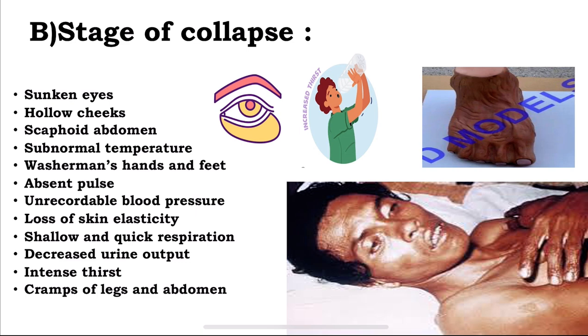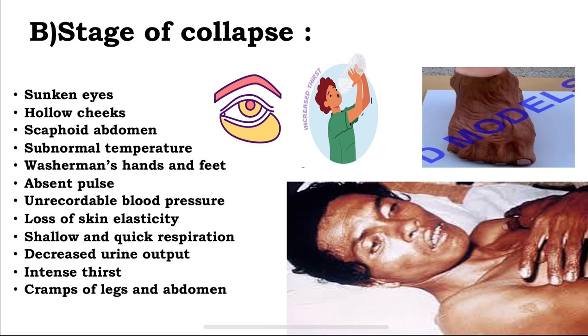Why does it occur? We also have unrecordable blood pressure, completely low blood pressure, weak pulse. The weak pulse, sometimes undetectable pulse, and the low blood pressure occur because of the circulatory collapse. And then we see there is a loss of skin elasticity.